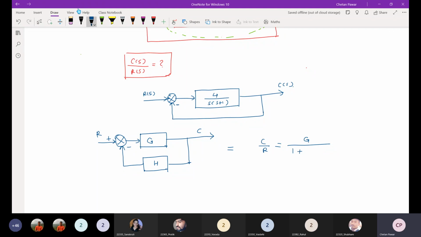Loop gain means, if this is the feedback output and this is the error, the ratio of these two. So that will be GH, right? This is called the loop gain.